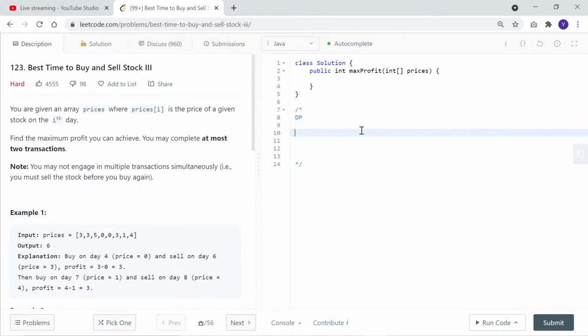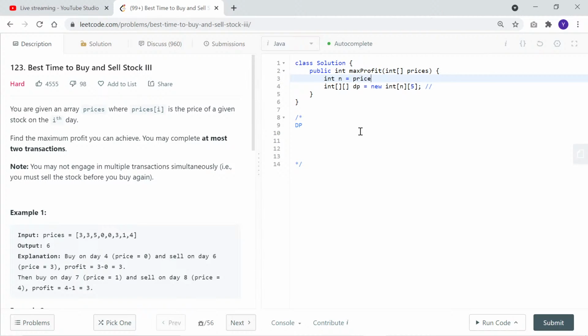So that we can define this DP state using a 2D array with five states. Let's mark this also here.